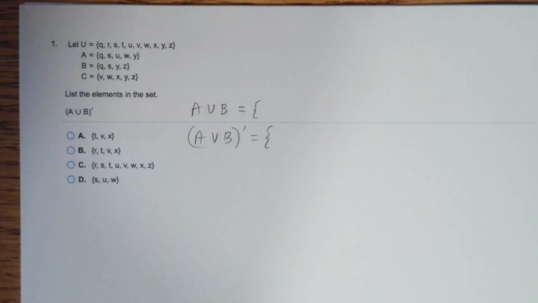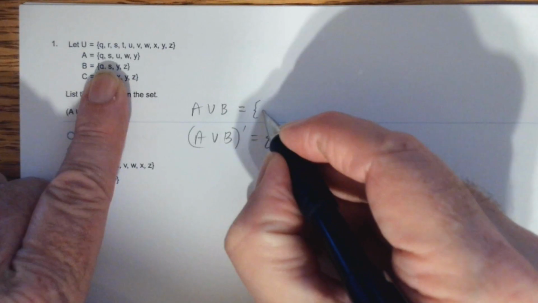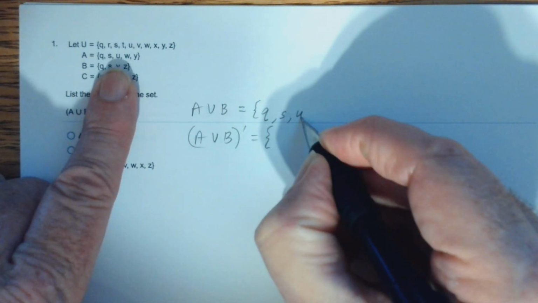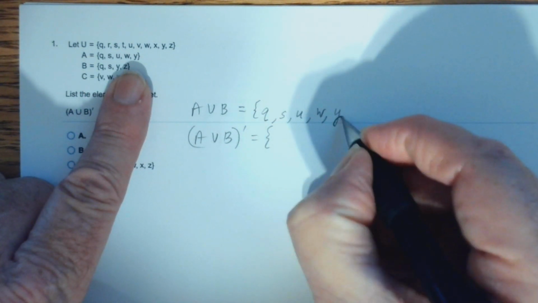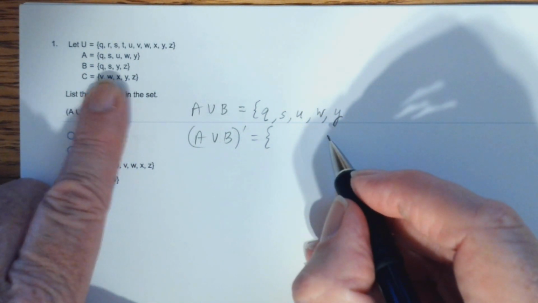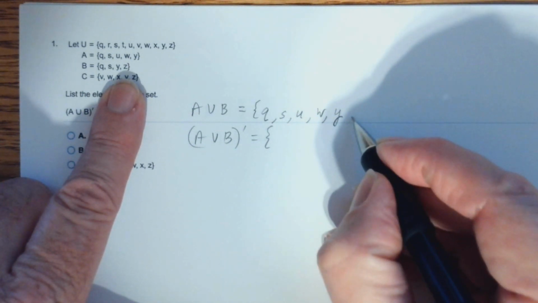I like to think of the word combine. So I want to take the elements that are in A, Q, S, U, W, Y, and then I want to add anything in B that we don't already have. Well, we already have Q and S, we have Y, but we don't have Z, so we need to add Z.